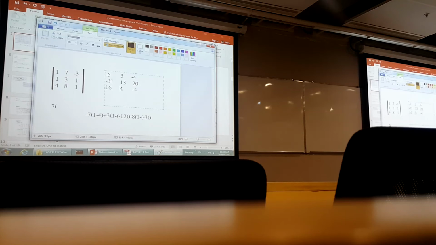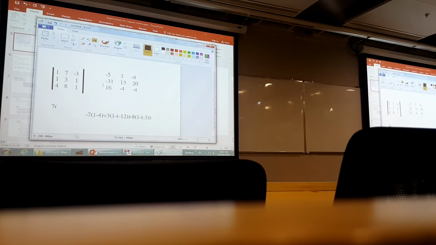And this is minus 4. These are the cofactors. And then for the determinants, you use the cofactor of any row or any column times the original number.